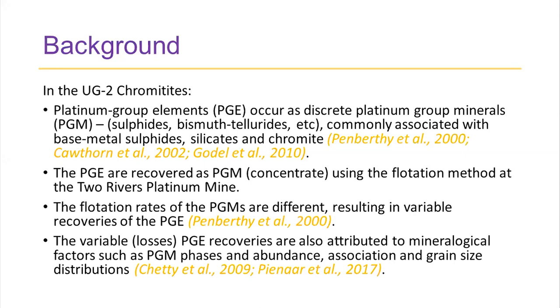During flotation, some of these elements are lost to flotation tailings. Typically this is attributed to the mineralogical complexities of the platinum group minerals. So part of the study is to look at the PGM phases, abundance, association, and grain size distribution that can be attributed to such losses.